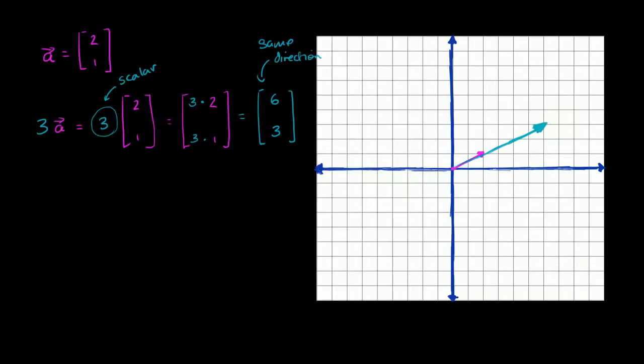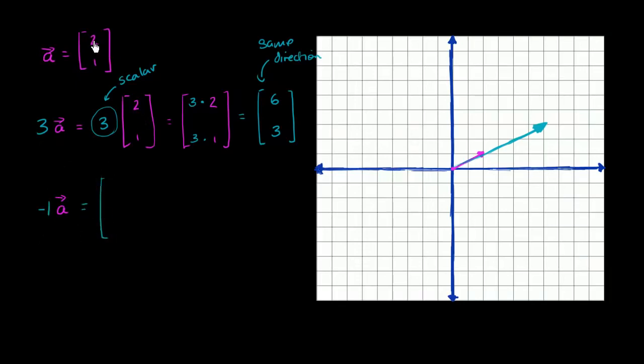But let's do something interesting. Let's multiply our vector A by a negative number. Let's actually just multiply it by negative 1, just for simplicity. So let's just multiply negative 1 times A. Well, using the convention that we just came up with, we would multiply each of the components by negative 1.